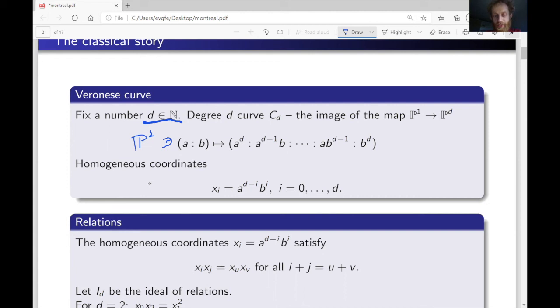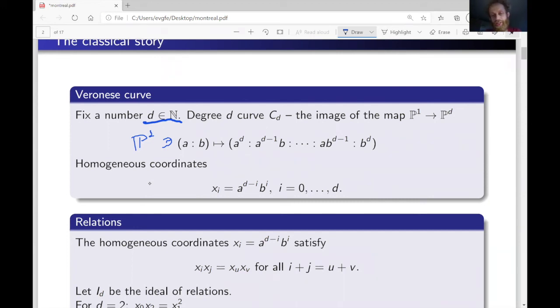You start with A to the D, and then the next one is A to the D minus 1 times B, up to B to the D. There are exactly D plus 1 coordinates here, which corresponds to being a point in the D-dimensional projective space. So explicitly, the homogeneous coordinates are given by A to the D minus I, B to the I, where the index I runs from 0 to D. Good. So this is our Veronese curve.